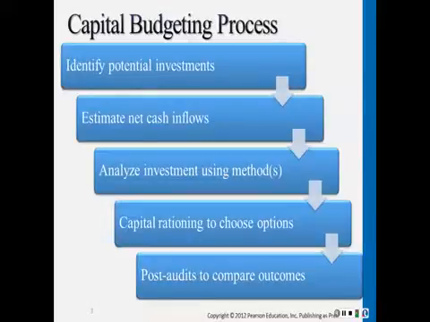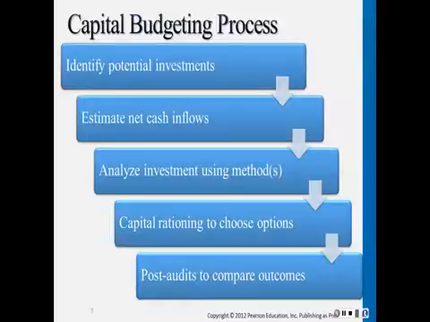The first step in the capital budgeting process is to identify potential investments. For example, new technology and equipment that may make the company more efficient, competitive, and/or profitable. Employees, consultants, and outside sales vendors often offer capital investment proposals to management.